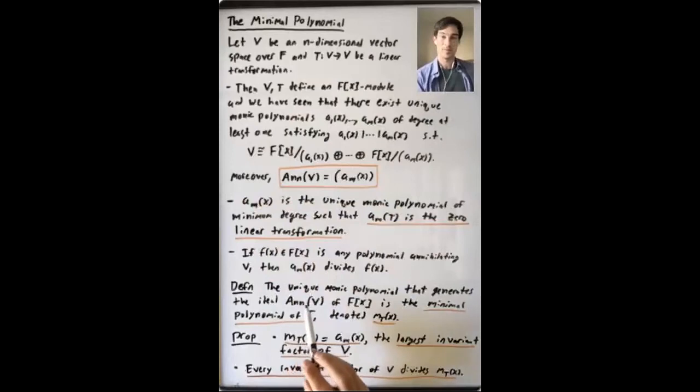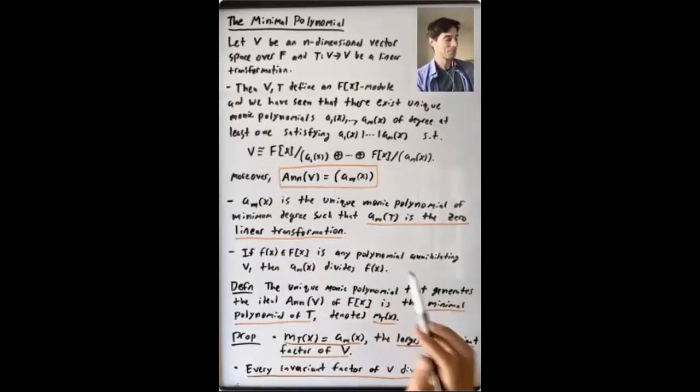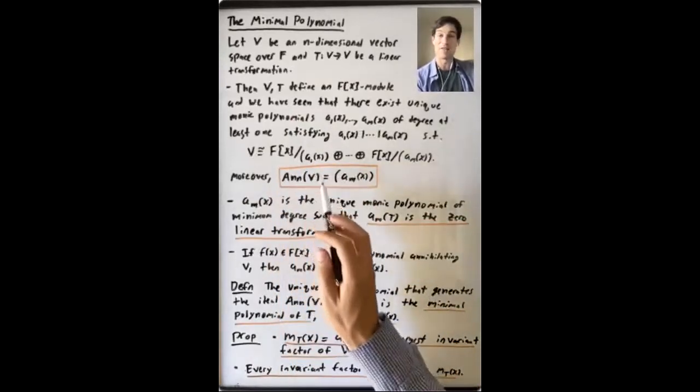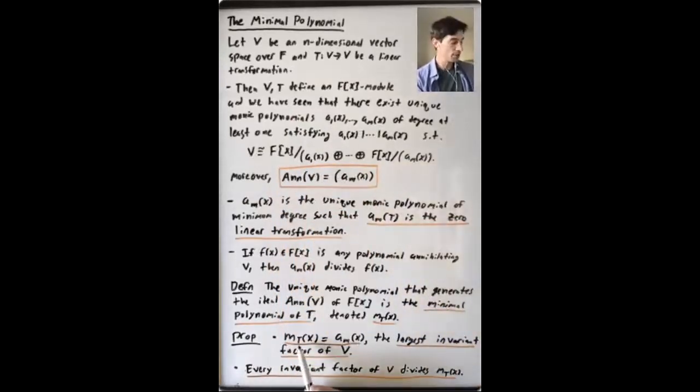So the idea is that you can define the minimal polynomial of a linear transformation before you know the classification of modules over a PID. So you can give this definition, and then applying theorem 5 from section 12.1 shows you what the minimal polynomial is, that it's this largest invariant factor.